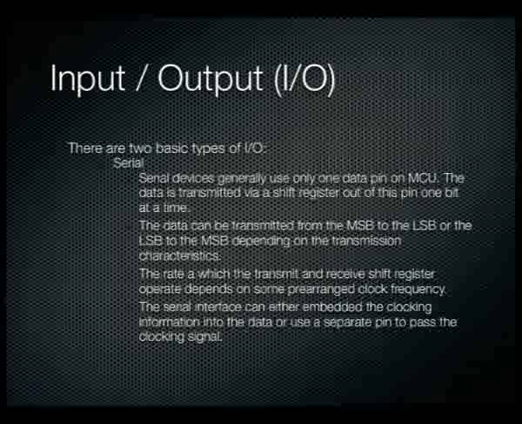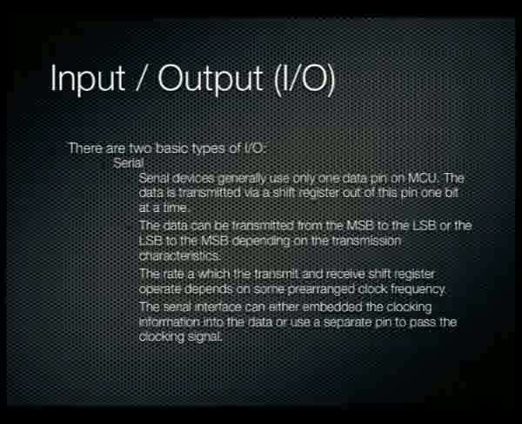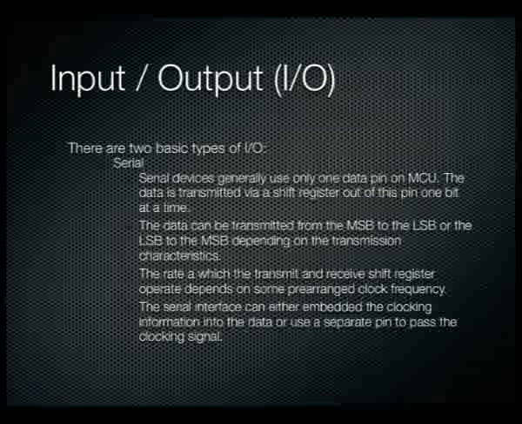So the rate at which the data is transmitted and received depends on some prearranged clock frequency. We can shift the data in and out of that shift register at a prearranged frequency. The serial interface can either embed its clocking information into the data it's transmitting, or it can use a separate pin to pass that clocking signal.